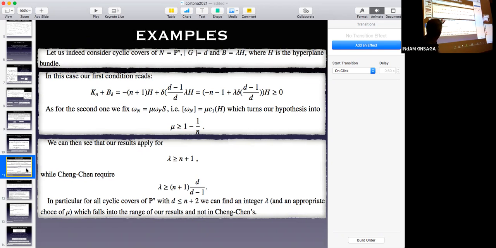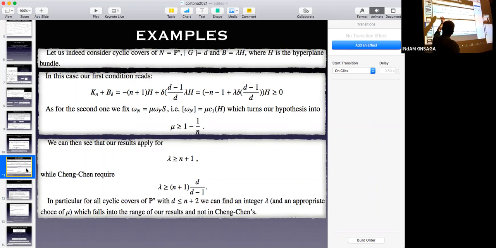You just go and check how our two conditions look, how Chern's conditions look, and so on. That's very easy because everything is a multiple of H. I should have mentioned that all these conditions are conditions on M. So just by looking at the base, I will be able to tell you if a cover with the right group, with the right class, has a constant scalar curvature metric.